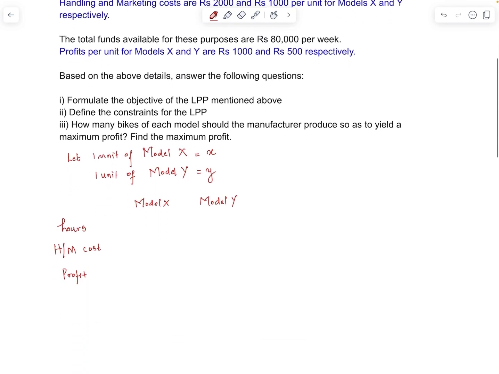Coming to hours, it is 6 man hours for Model X per unit, and it is 10 for Model Y per unit. Handling and marketing cost for Model X per unit is rupees 2000 and it is 1000 for Model Y. Profit per unit for Model X is 1000, Model Y is 500. The next column I bring in is total resource.